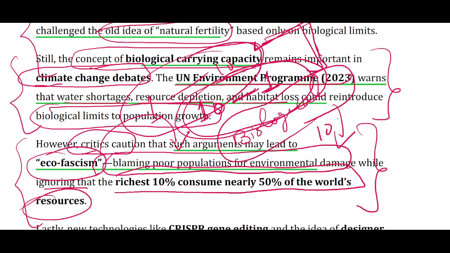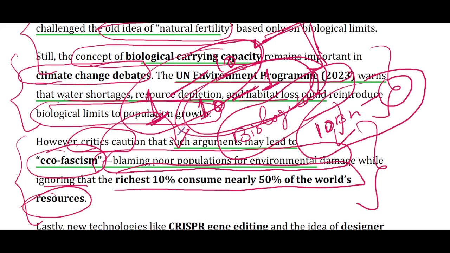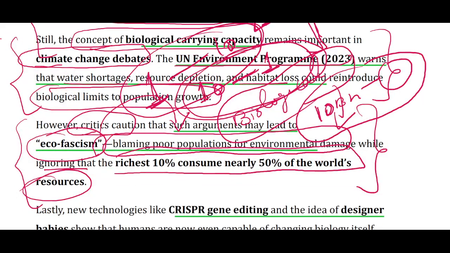चाहे फिर 10 billion भी हो जाए, if people are moderate in their consumption, if people restrict their consumption to a level that aligns with the resource carrying capacity of Earth, then Earth can sustain any number of people. But here the problem is only a few people are consuming a lot, and yet because of this new kind of racial eugenics, a new kind of blame game, they are blaming poor population for environmental damage.